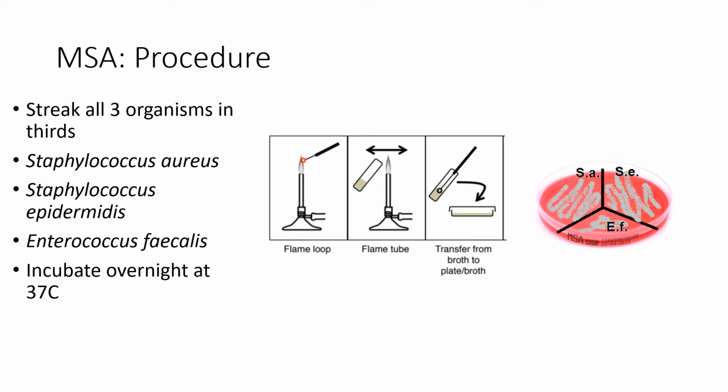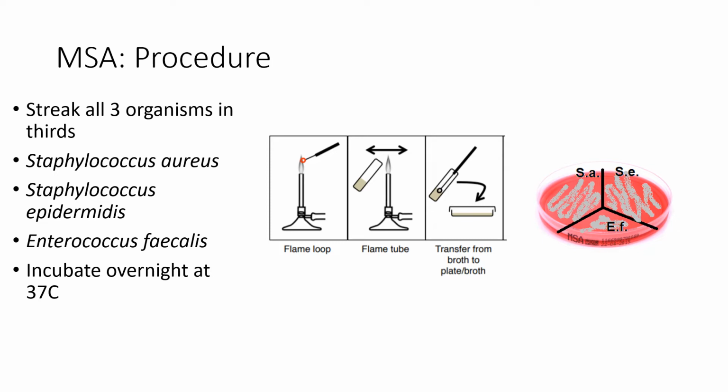Okay, so what's the procedure? Well, it's essentially very similar to what we did with the catalase test. Now, in this case, we're doing the Enterococcus faecalis on this test because it just acts as sort of a negative control. But it would be the same thing.